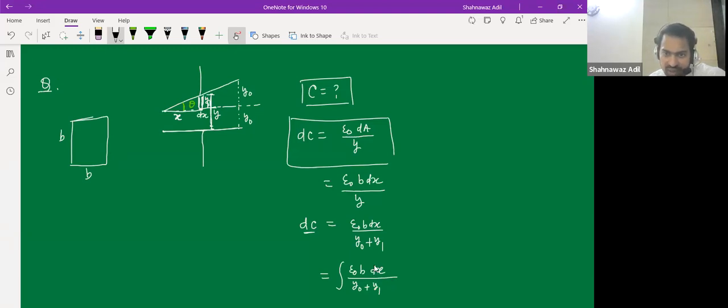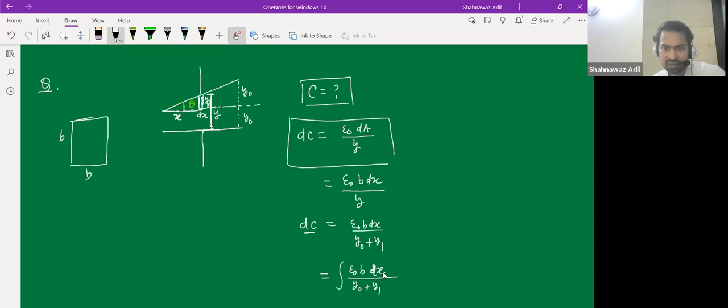What is the variable this integral is dependent upon? We are taking the integral with respect to what? With respect to x, right?